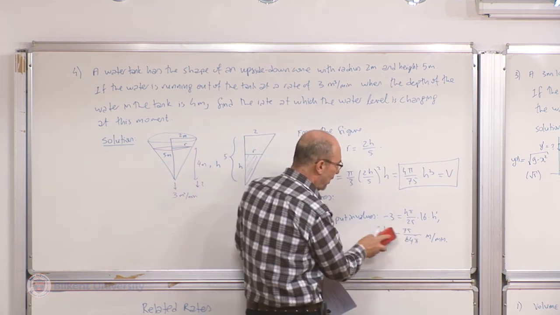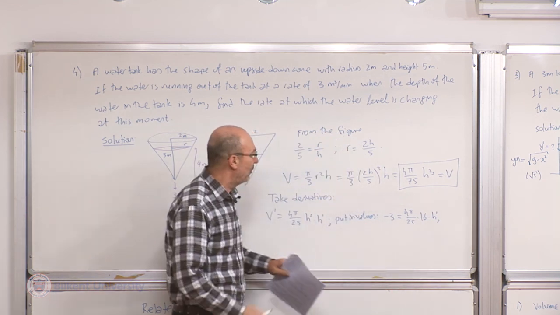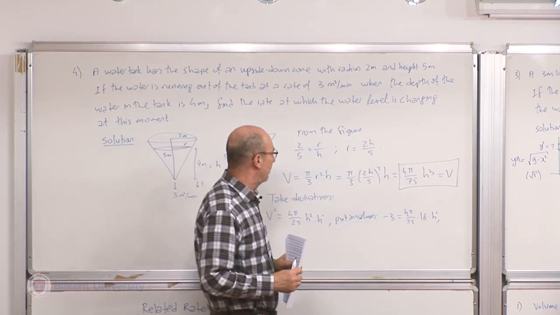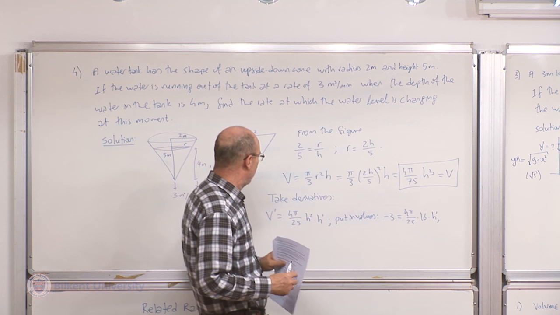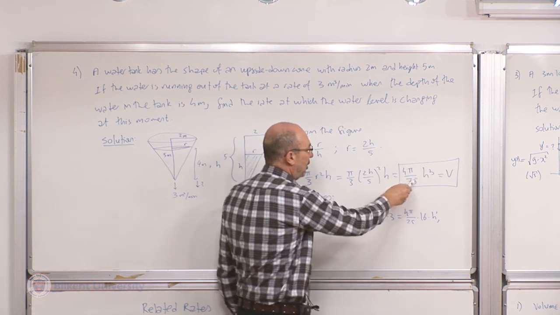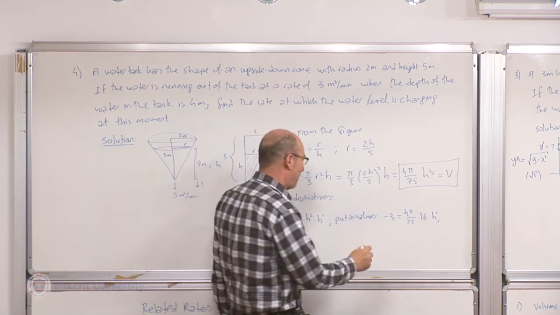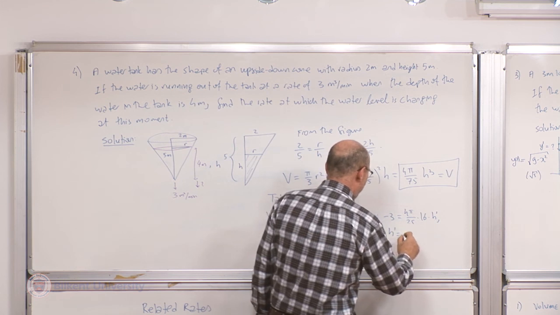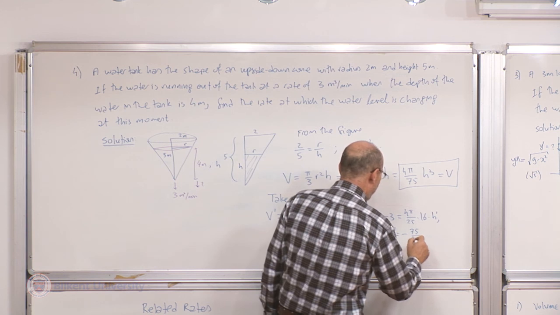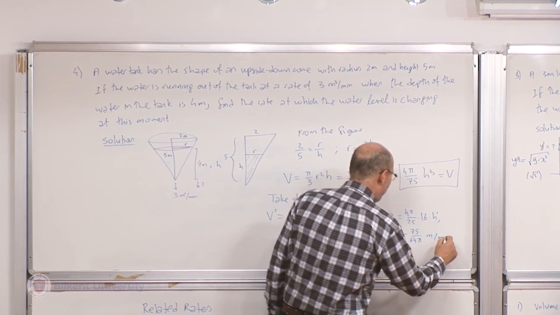Yes, the volume is 4 pi over 75, but when we took the derivative, it became 25. I take 3 down, the 3 cancels. So what was H prime here? Minus 75 over 64 pi meters per minute.